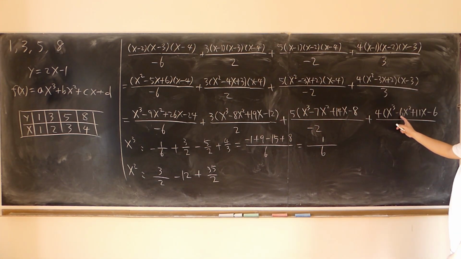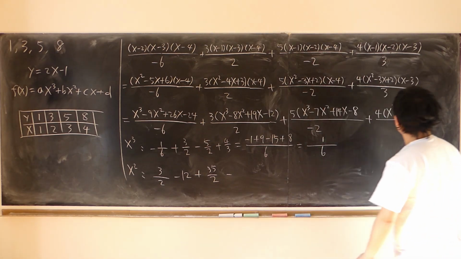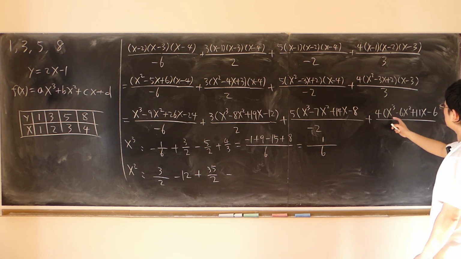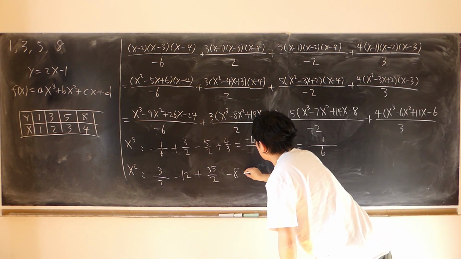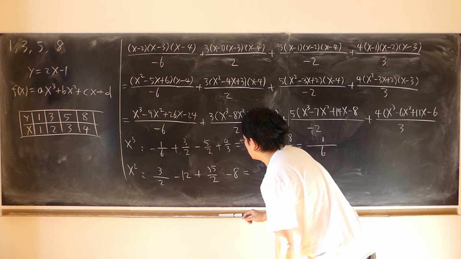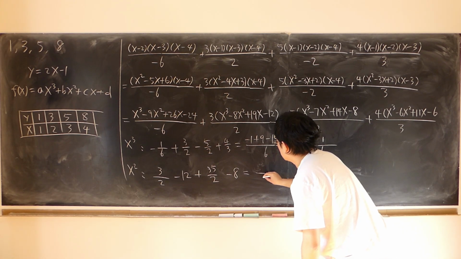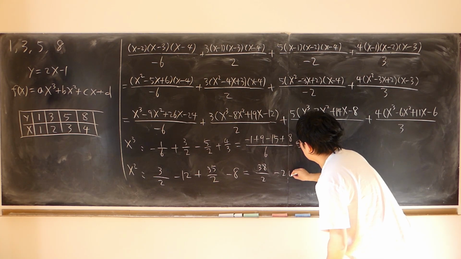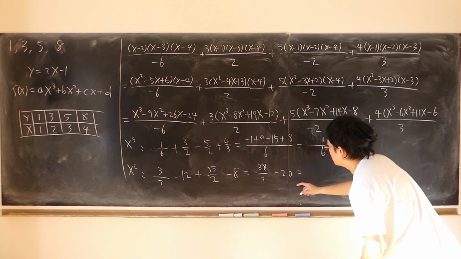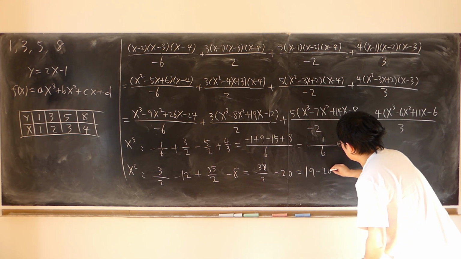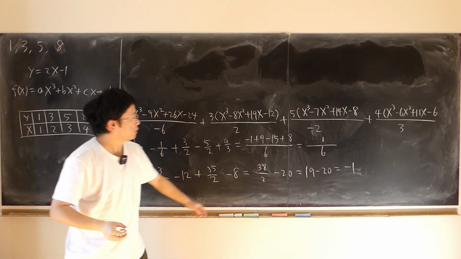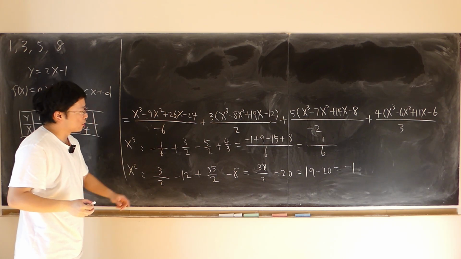From here I have minus 6 divided by 3, 2. 2 times 4, 8. Minus 8. That would be fractions together, 38. Integers, minus 20. Okay, that is 19 minus 20. Negative 1. Coefficient of the cubic term is 1 over 6. And for the square term it is just negative 1.